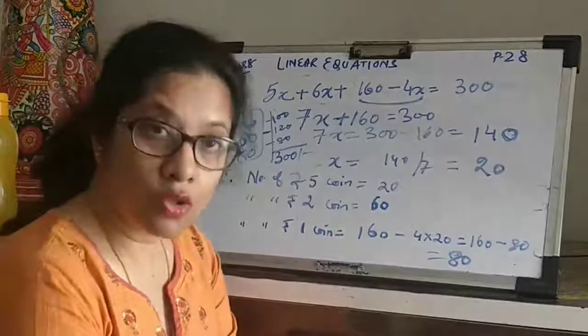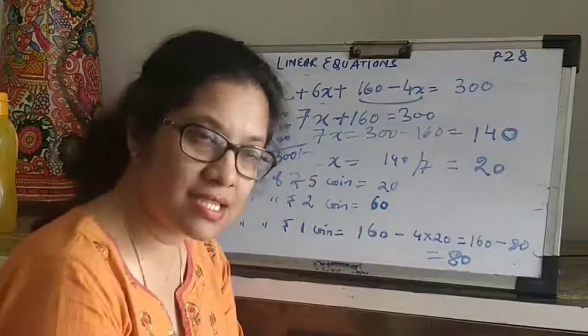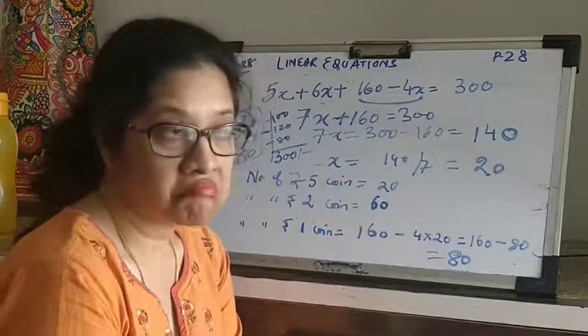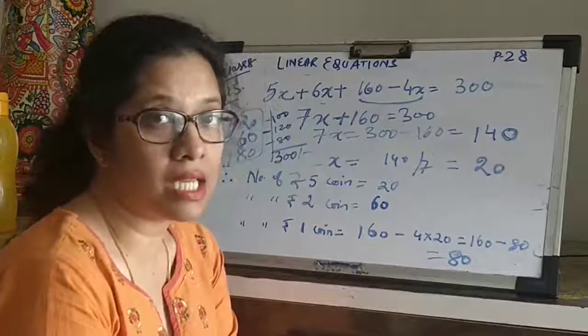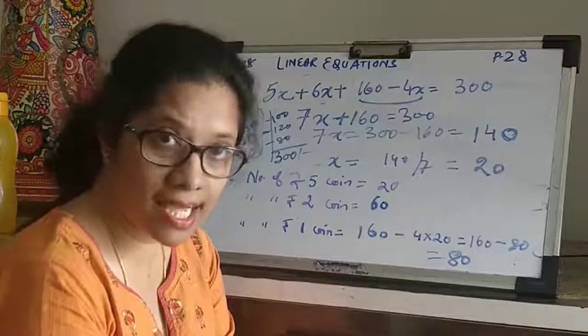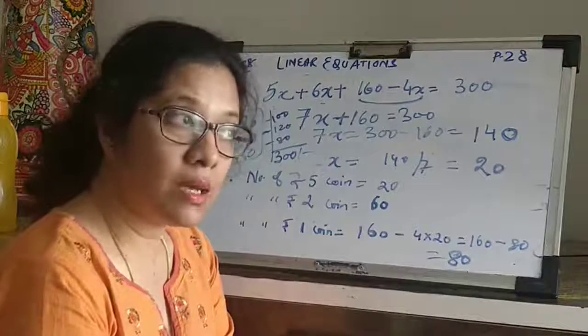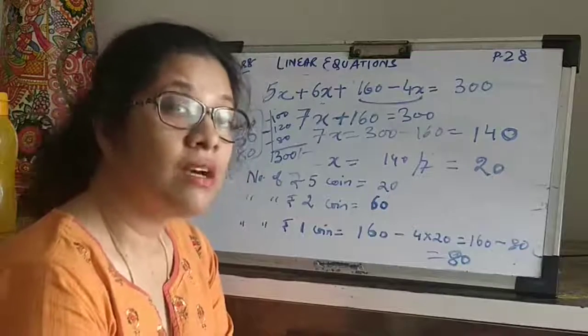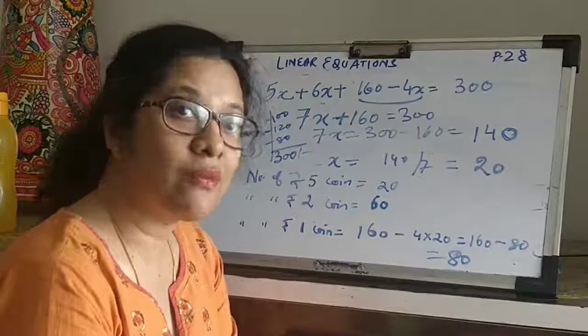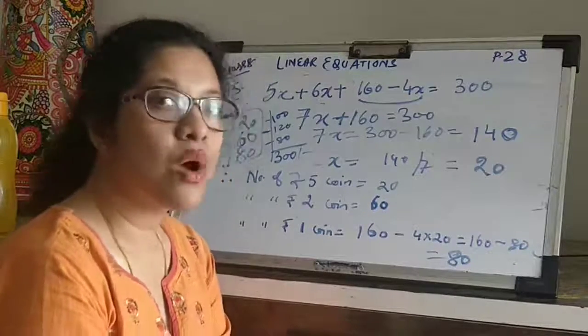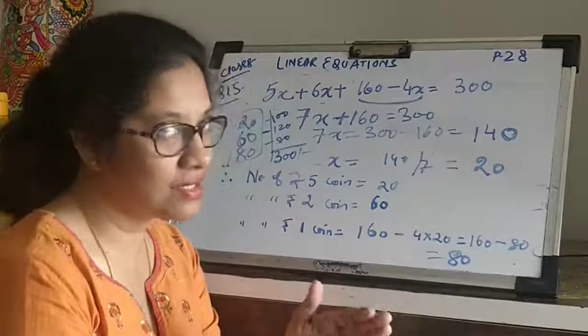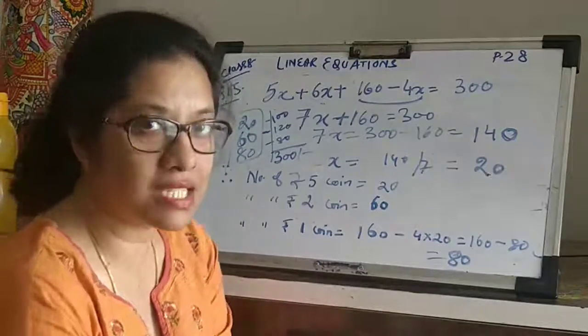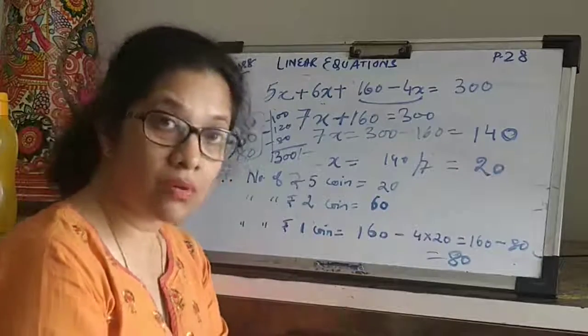Total number of coins, 160. What do we do? Assume the independent variable, the number of 5 rupee coins, to be x. So the number of 2 rupee coins will be 3x. Then, from there I get the number of 1 rupee coins, which is 160 minus 3x plus x, which is 160 minus 4x.